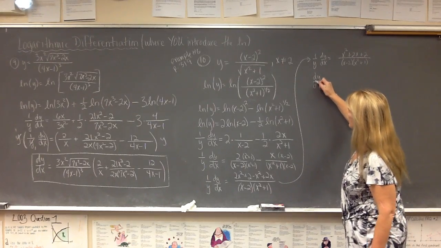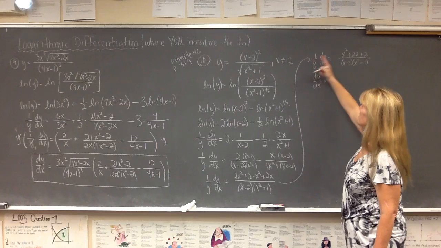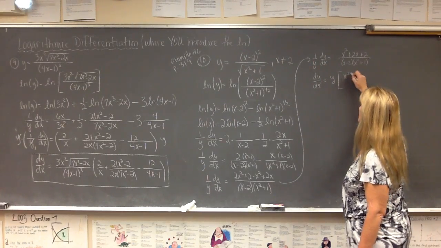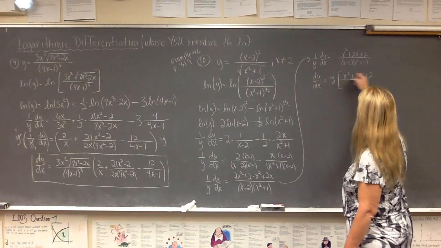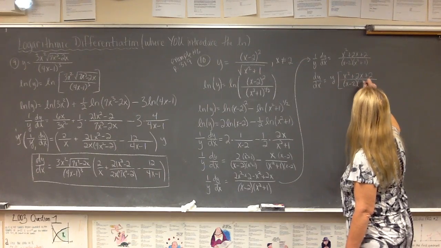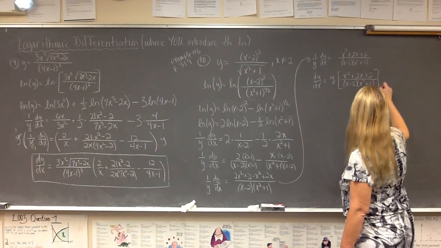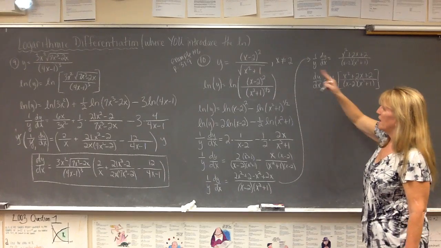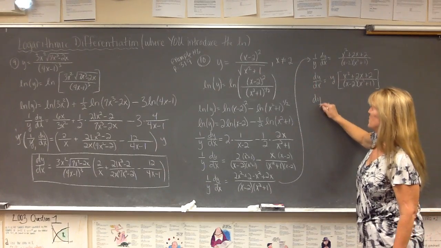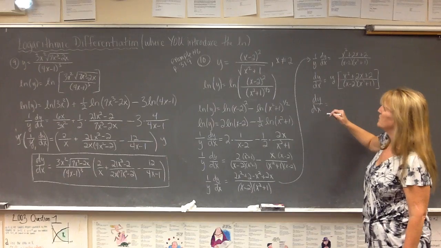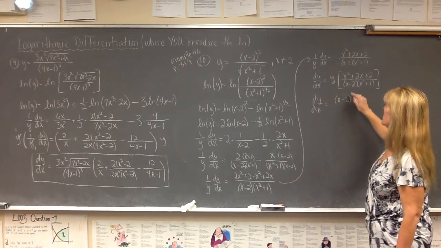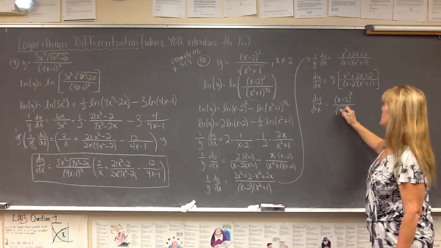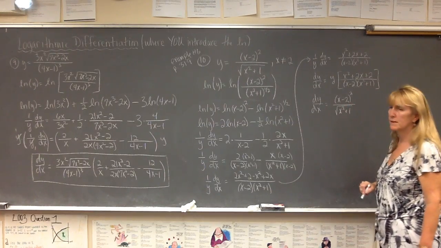My dy dx is now, I'm going to multiply both sides of the equation by y, so my y will come here, and I'll have x squared plus 2x plus 2 over x minus 2, x squared plus 1. And now this y, I'm going to put the original function that was equal to y back in here, which is x minus 2 quantity squared over the square root of x squared plus 1.